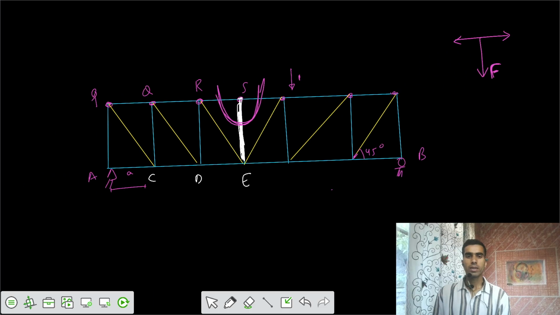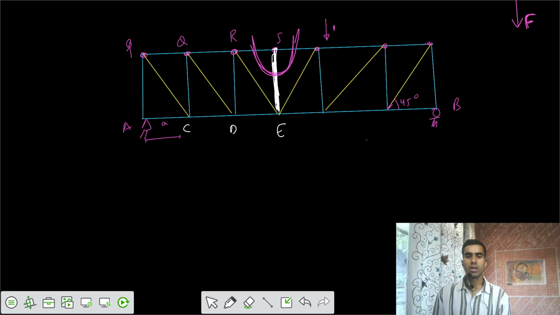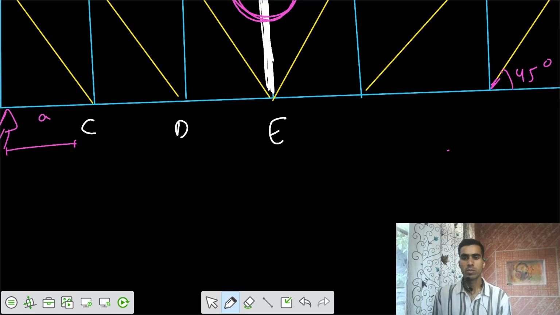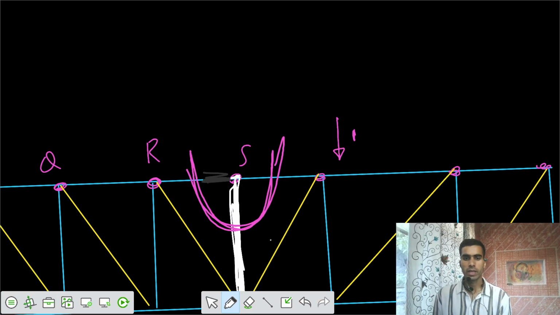Now once I cut this section, our final diagram would be some sort of, let's remove this part now. Let's try to erase it so that we can see what diagram we can have finally.